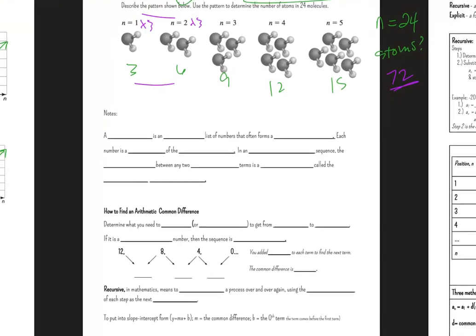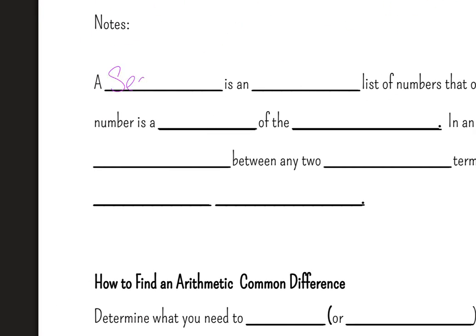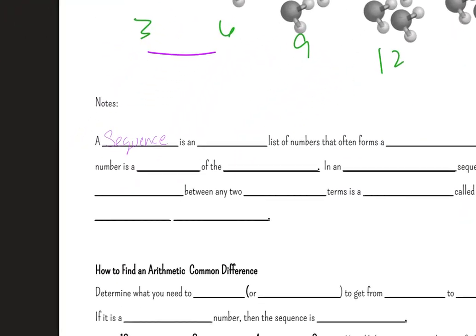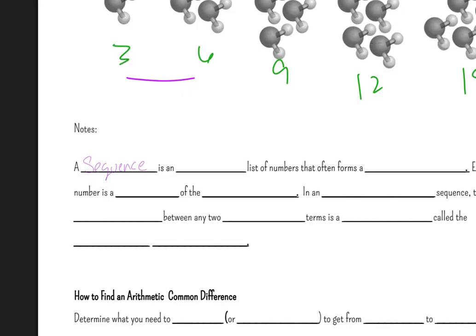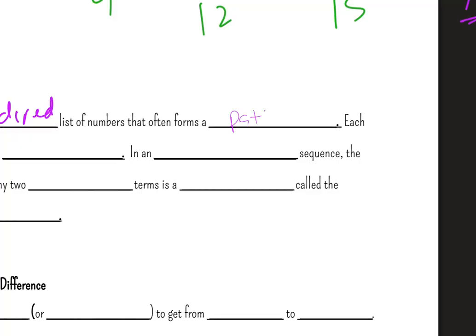All right, so now there's some blanks. And what are these blanks? Well, now we're talking about, finally, what is a sequence, because we're talking about arithmetic sequences today. So a sequence is an ordered list of numbers that often forms a pattern.